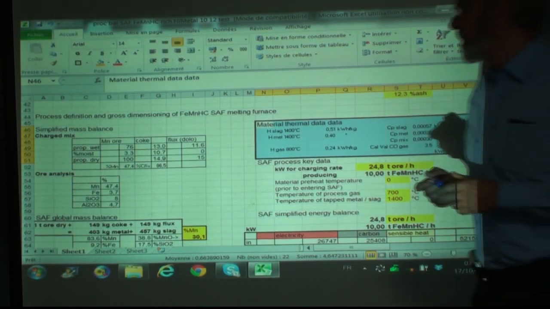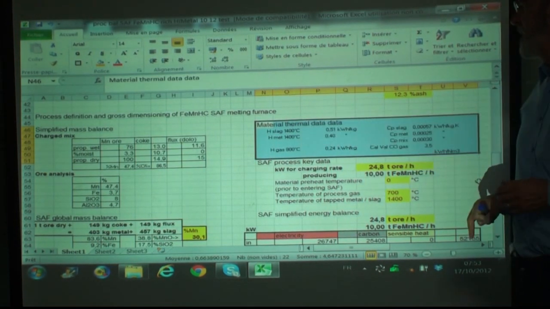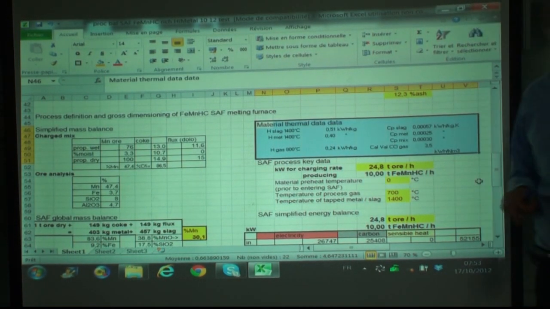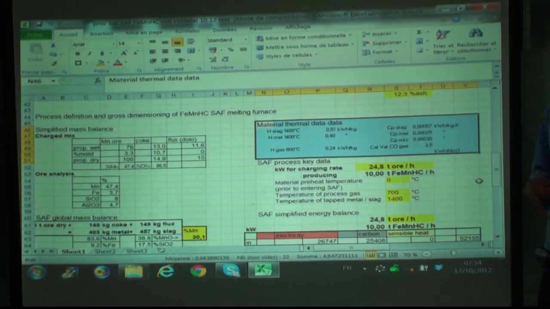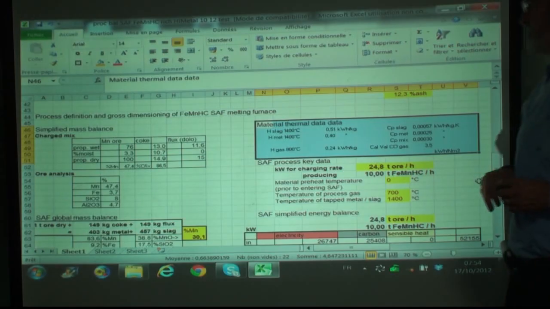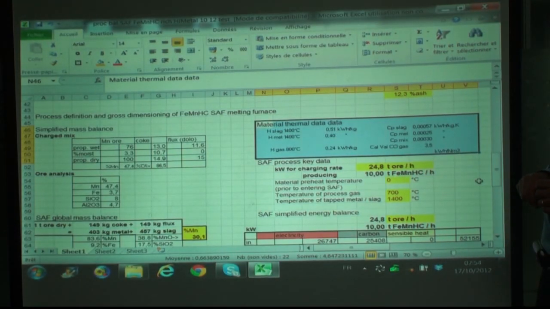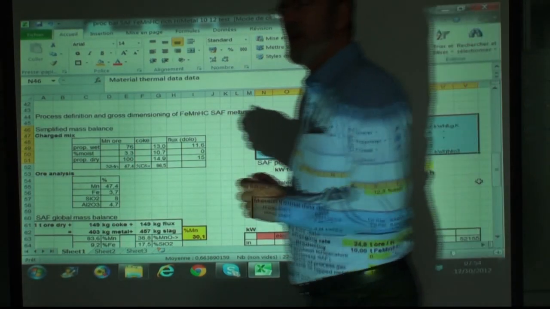You see, 1 kilo slag at 1400 degrees C is including 0.51 kilowatt hour per kilo. 1 kilo metal at the same temperature is including 0.4 kilowatt hour per kilo. And if the temperature is different, the calorific value enables us to calculate.